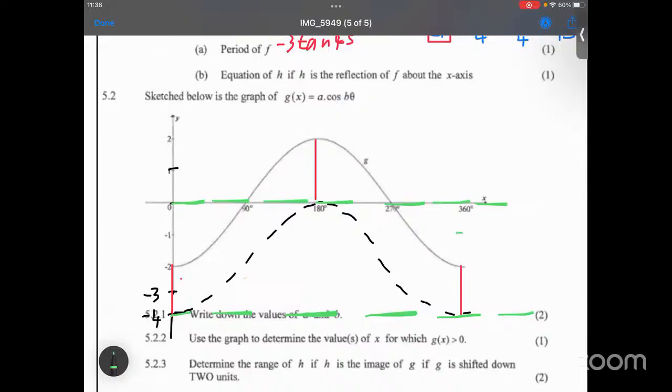It will just depend on how you write it, whether you say between -4 and 0, or you write y is an element of [-4, 0]. You start with a smaller value and then a bigger value. Remember, between -4 and 0, the bigger value is 0. That's why you have to write it in that way.